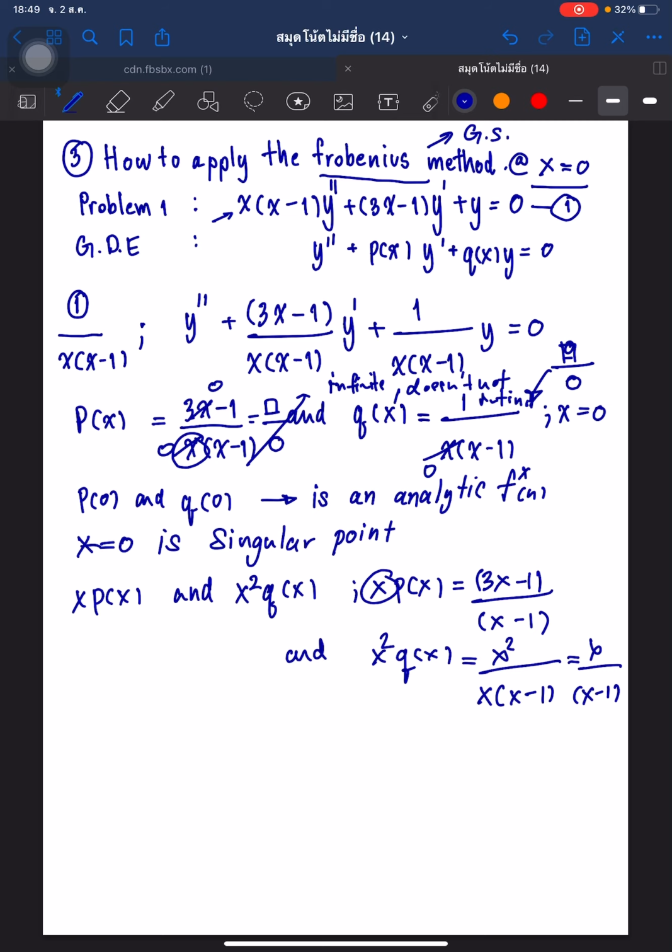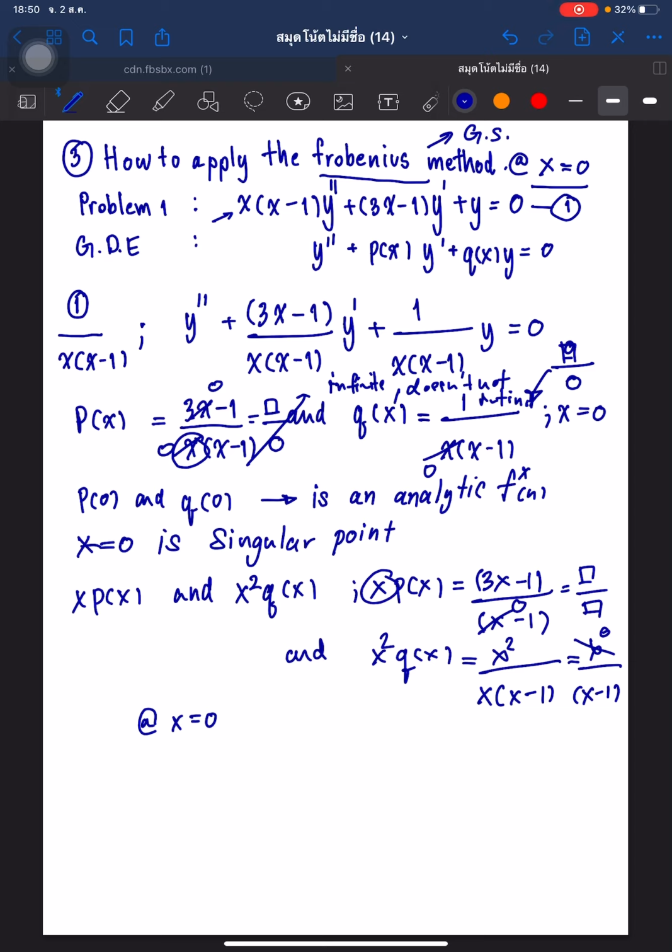With substitution at x equals 0, this has a number divided by a nonzero number.